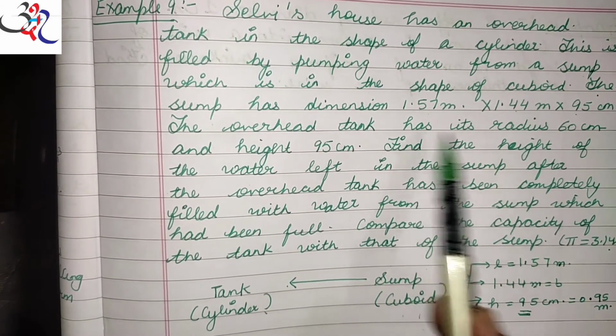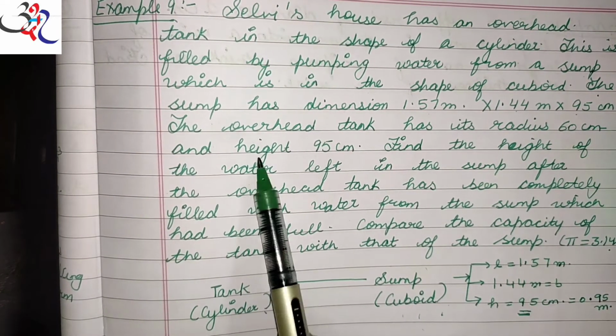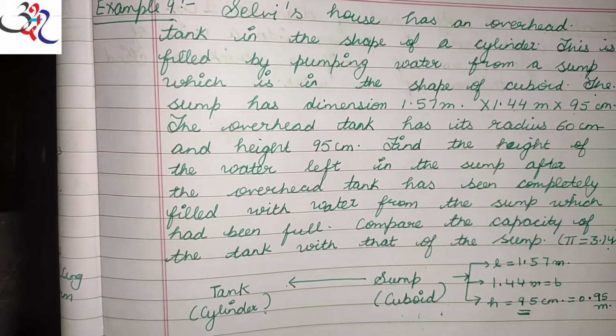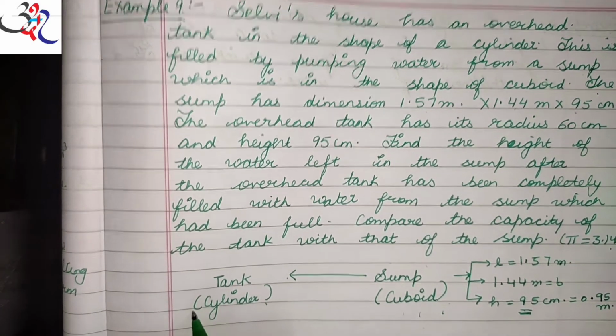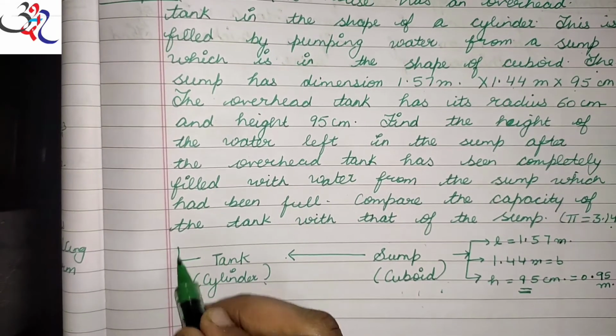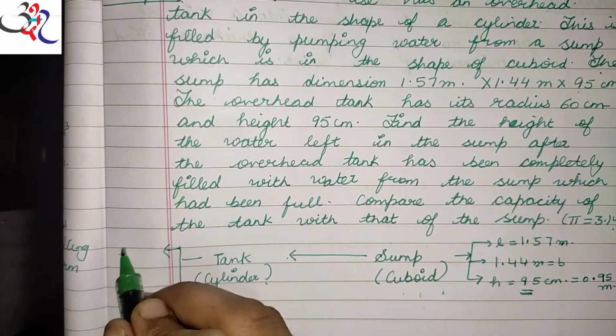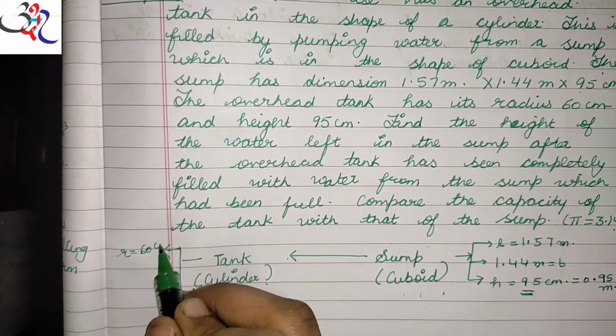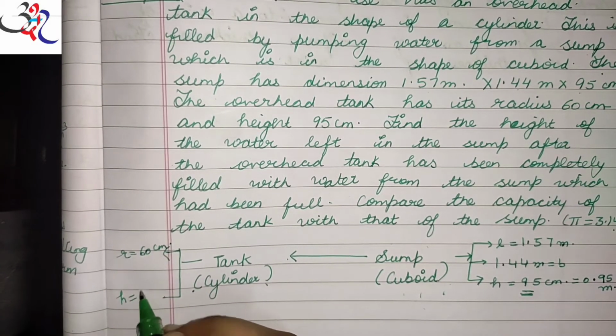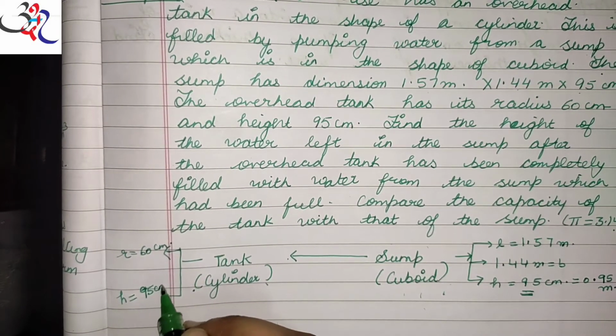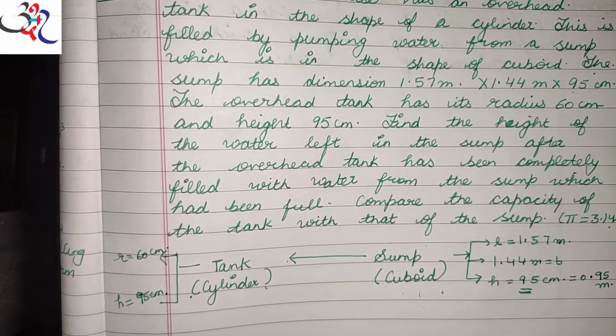The overhead tank has radius 60 centimeter and height 95 centimeter. So the dimensions of this tank are: radius is equal to 60 centimeter and height is equal to 95 centimeter.